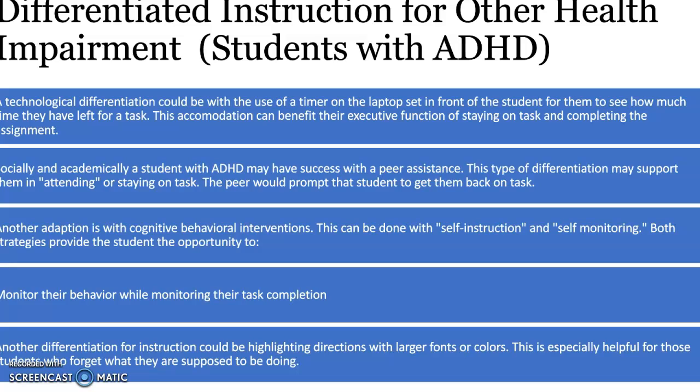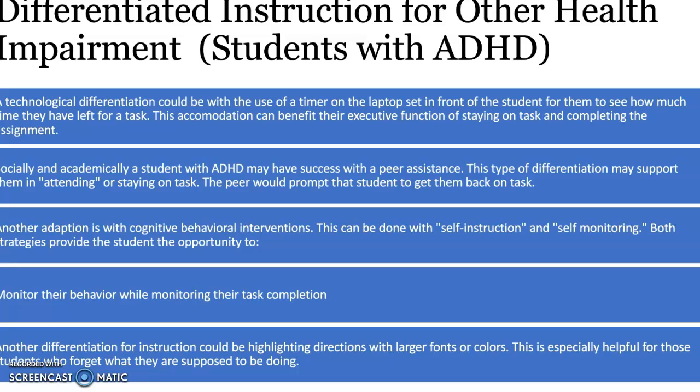Another differentiation for instruction could be highlighting directions with larger fonts or colors. One thing I've noticed with students with this particular need, a lot of them will say, I forgot. And it happens very frequently. I'm not saying it will happen for everyone because every child is different. How it affects them is different with everyone.